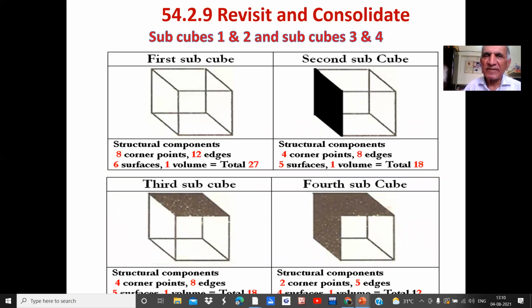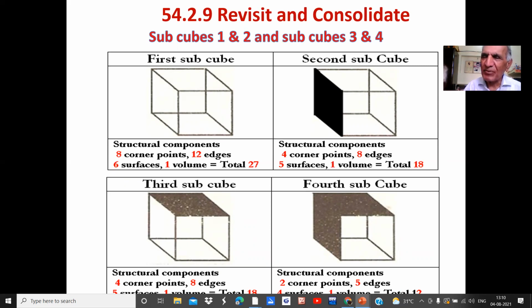Let us have a pause and let us see how a cube, when it splits into 8 subcubes, then how the 8 subcubes on their synthesis are bringing us face to face with how the first subcube will be having 27 structural components, namely 8 corner points, 12 edges, 6 surfaces, and 1 volume.